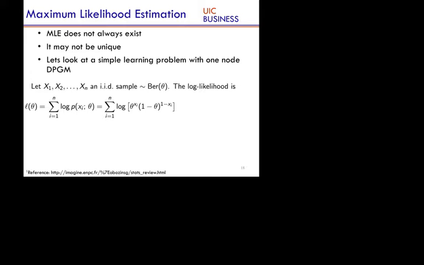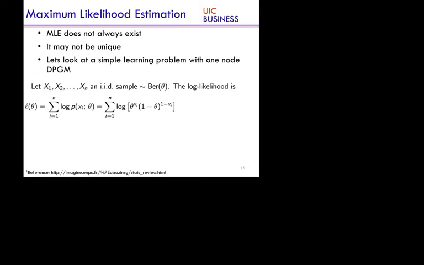For each example, you can write the probability of xi given theta as this. In one way we can write the probability of xi equal to 1 is theta, and the probability of xi equal to 0 is 1 minus theta.